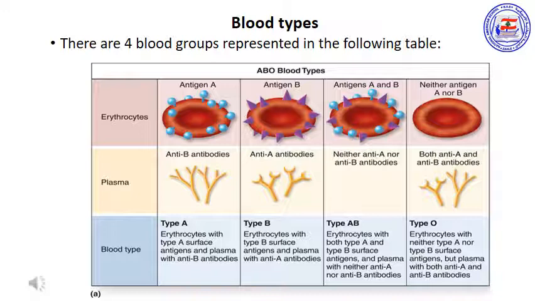But in the last case, if the red blood cells carry neither antigen A nor antigen B, however, both anti-A and anti-B antibodies are present in the plasma, the blood group will be type O. So type O is characterized by the absence of antigens on the surface of red blood cells, but with the presence of both anti-A and anti-B antibodies.